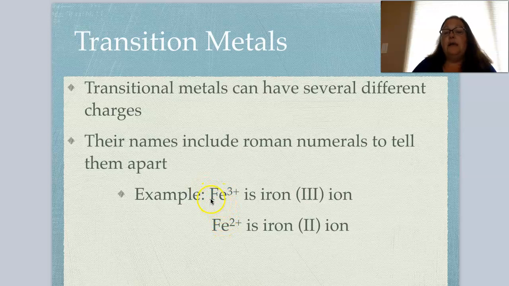So for example, if we had an iron 3+, which means it has lost 3 electrons, we would call it iron 3. If we had iron 2+, this means it's lost 2 electrons, and we would call it iron 2. You might want to look up your Roman numerals. We won't ever go above 5, but you should be able to recognize those Roman numerals.